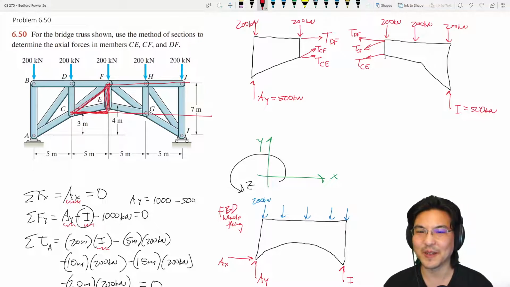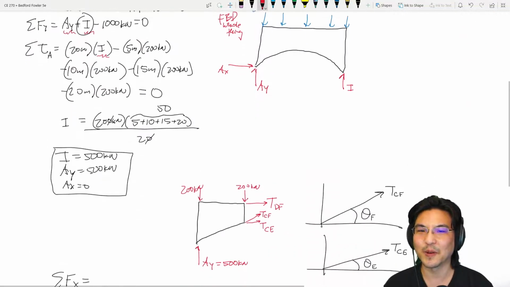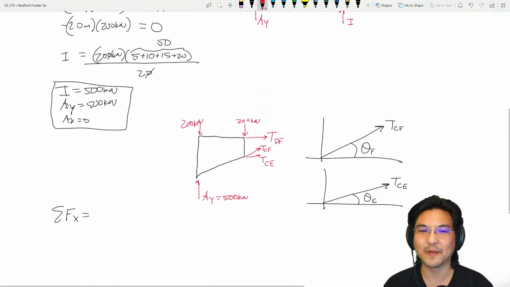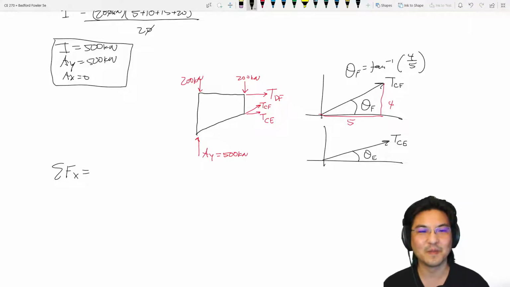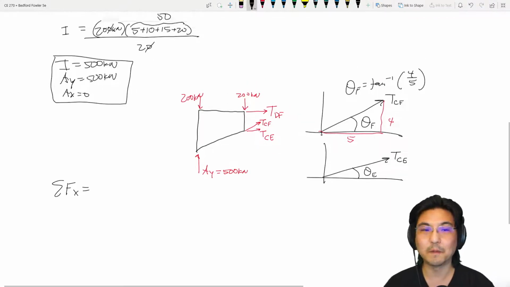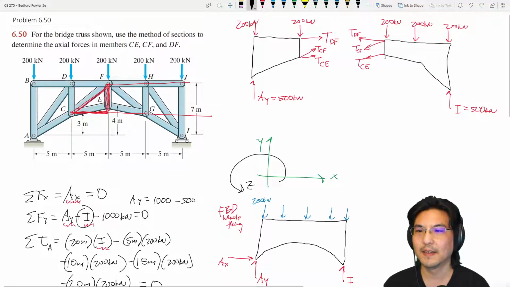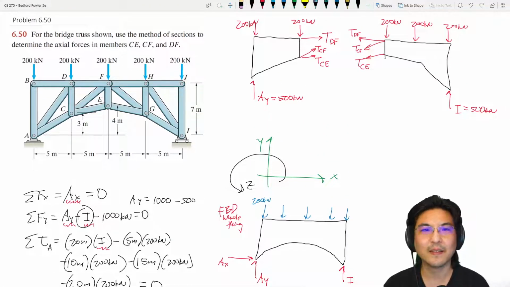So the base is 5 and the height is 4 for CF. Okay, so theta F has got to be arctangent of opposite over adjacent. Okay, so we know that angle. Now, the other angle. Let's look at this triangle right here.